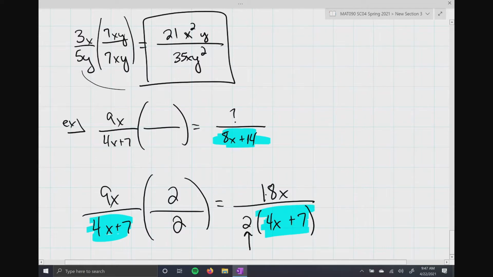All right. So here comes the fun part now. We're going to go into section 4.